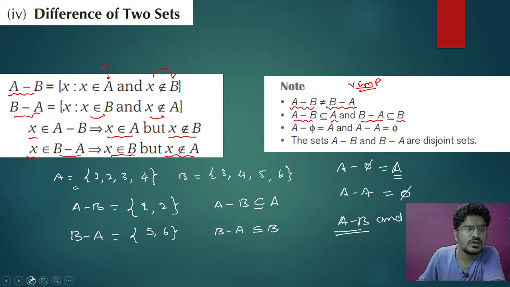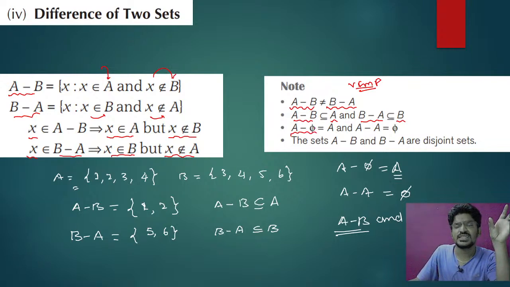Clear? So first two notes you have understood. What about the next two notes? A minus empty set: a set minus empty set is going to be equal to A. You can see here, if I do this, every element of A I have to repeat here, because empty set has no elements.